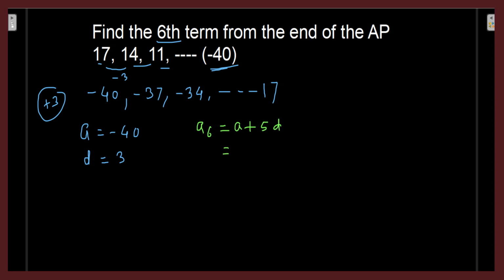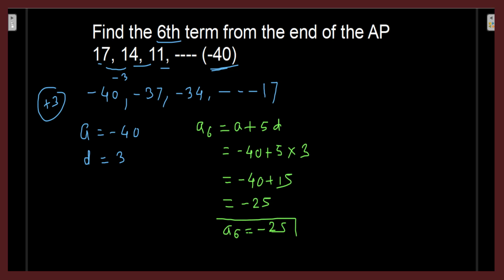So a is minus 40 plus 5 multiplied by d, d is 3. So minus 40 plus 5 3s are 15, which is equal to minus 25. And therefore a6 is equal to minus 25. Highlight this and write the answer at the end, that the sixth term from the end of the given AP is minus 25.